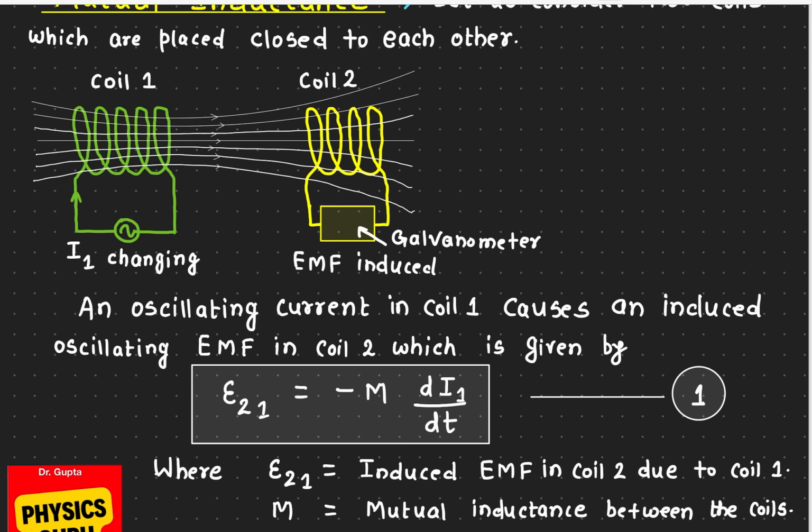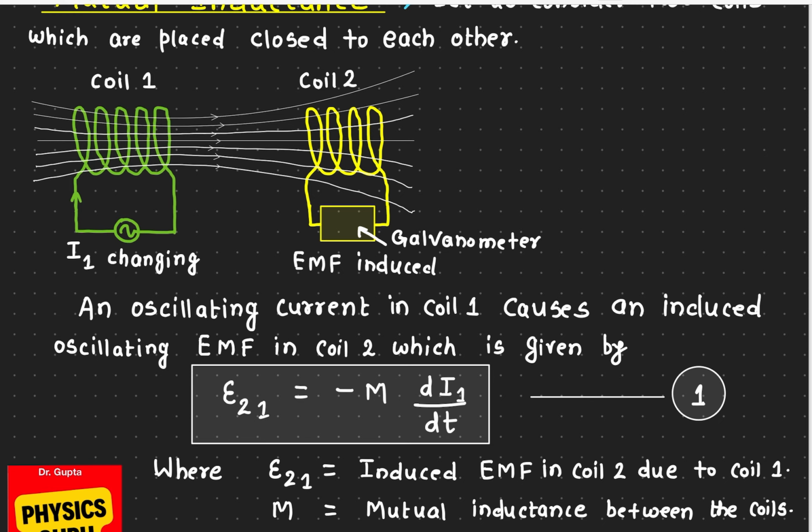Let's say, for example, here, if the current, or the magnetic flux through this coil, is increasing, then the induced EMF in this circuit will be in such a way that it will try to oppose the increasing magnetic field.